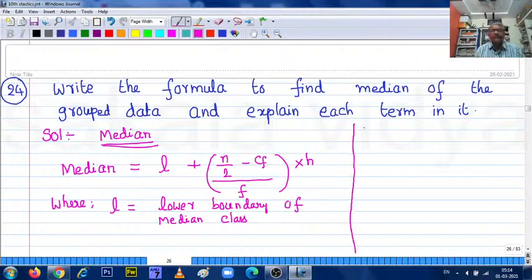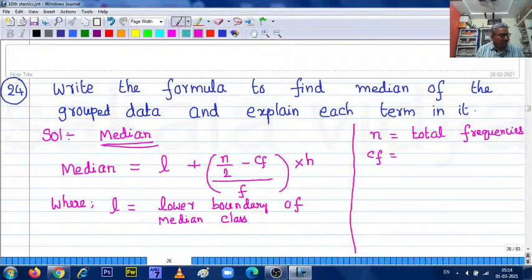Next we need to explain n. N is equal to total frequencies. N stands for total frequencies.